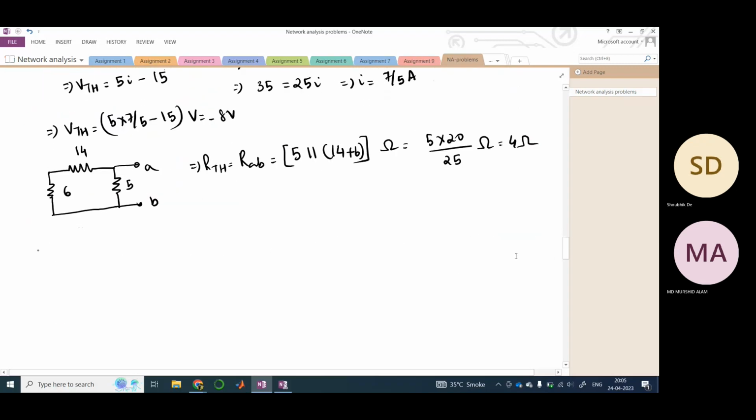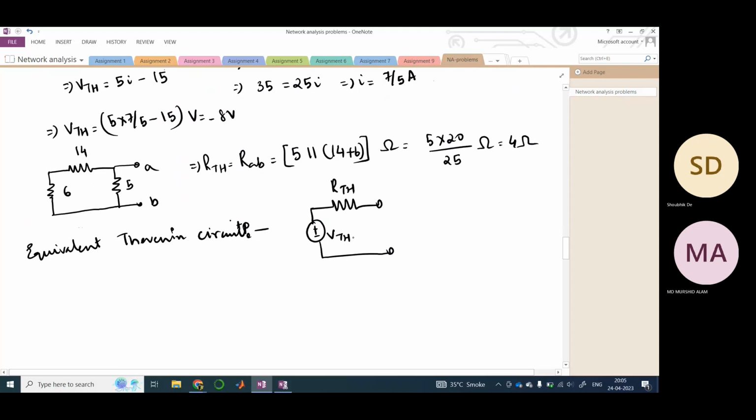So now your equivalent Thevenin circuit would be how much? So you have a VTH voltage source connected, and in series with that there is the Thevenin resistance, right? So this is the equivalent Thevenin circuit.